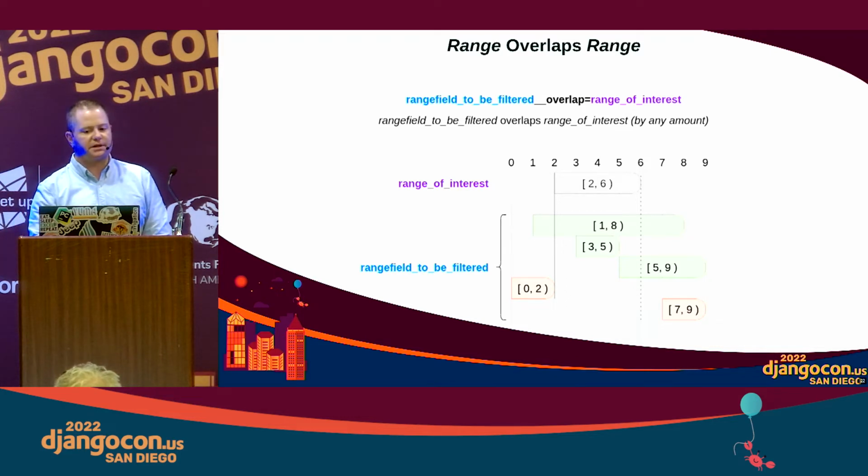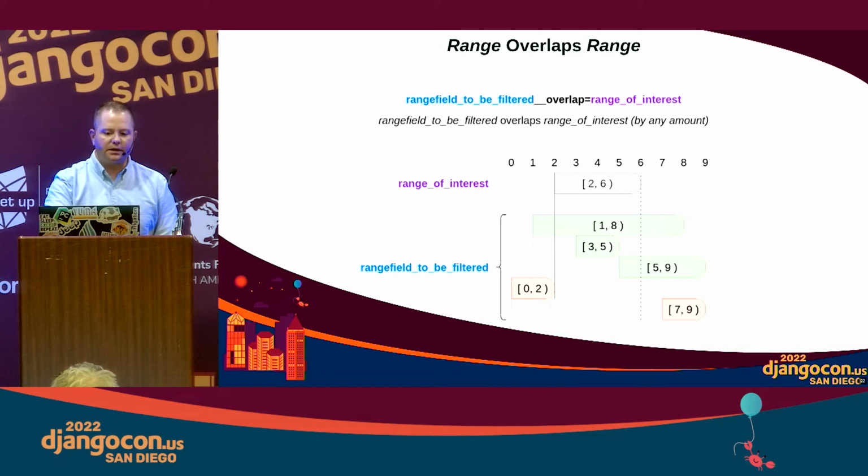So this one is the first. We're looking at when a range overlaps a range. And as you can see, the one on the bottom where it's 0 inclusive, 2 exclusive, is almost touching 2, but it's not touching 2. It doesn't include 2. So that one would get filtered out of this filter.